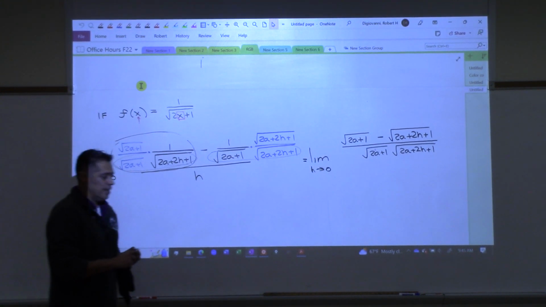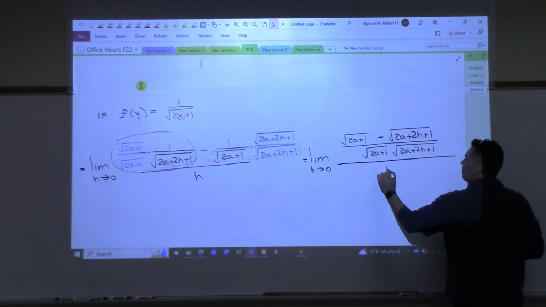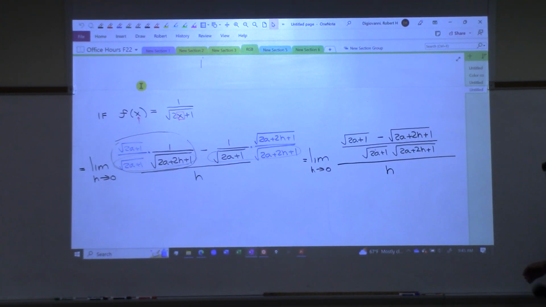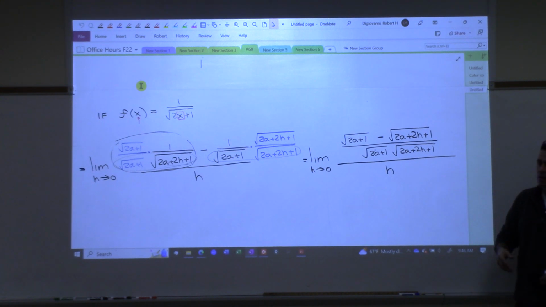Then all of that over h. Any questions on that step? I would say this is like a level 4, level 5 problem here in terms of the algebra. No questions? We're all okay up to this step? We have combined, we got a common denominator.